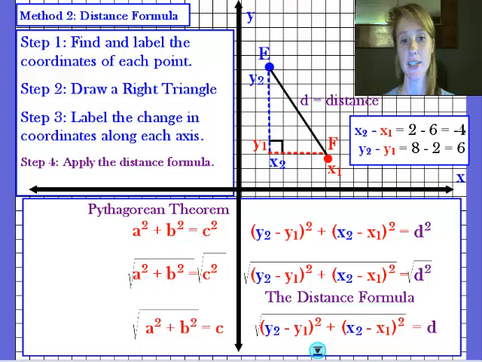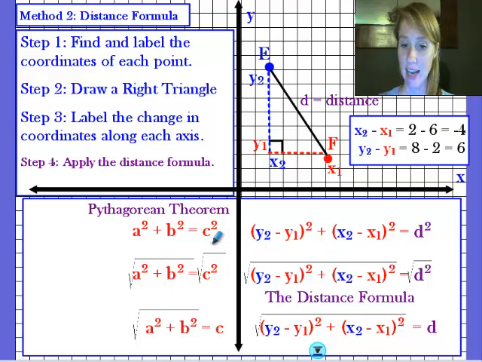Before we actually apply the distance formula, let me tell you where it comes from. So we just finished looking at an example using the Pythagorean theorem. The distance formula is the Pythagorean theorem, only I've replaced A, B, and C with coordinates. So A, I've replaced with the change along the y-axis, or y2 minus y1, and B, I've replaced with the change along the x-axis, or x2 minus x1.